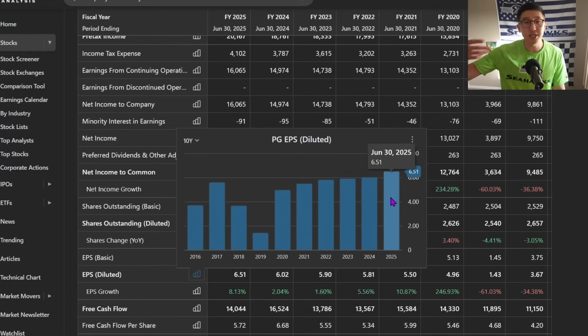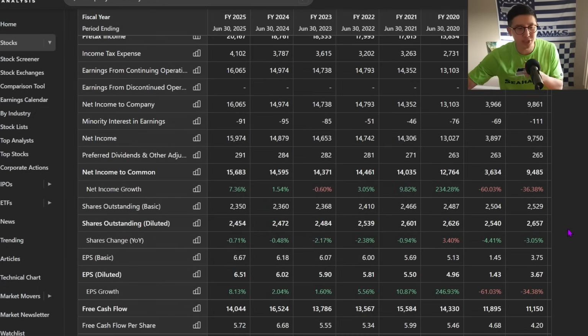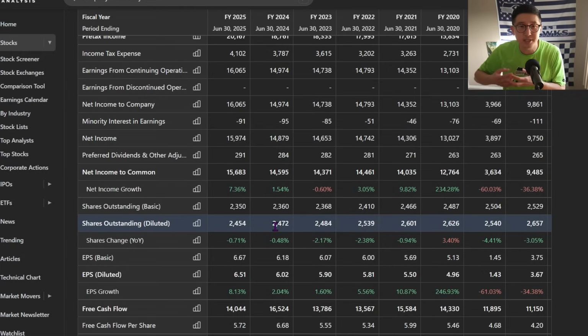As of right now, they're generating $6.51 of profits per share. Why do I keep mentioning the per share? Because as a shareholder of a business, you don't want them to be diluting the shareholders by issuing more shares every single quarter or every single year. Because what happens is the earnings per share, the profits per share, is going to take a hit.